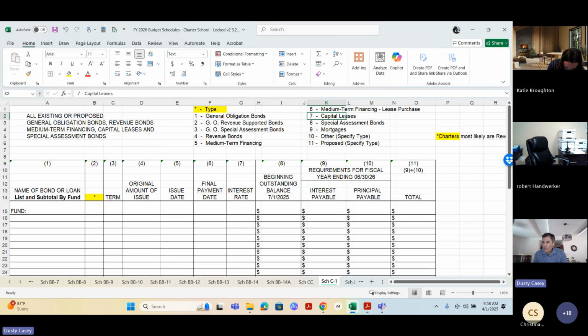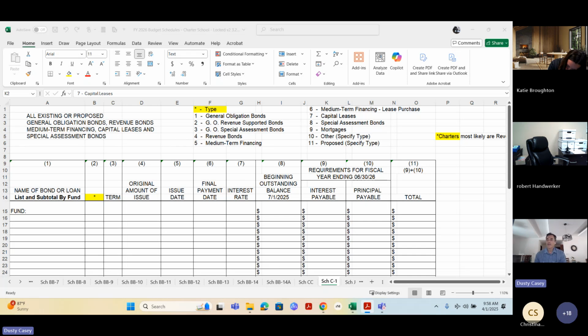And in your instructions, and I'm going to go to that tab and point it out, what it says for Schedule C1 is that outstanding amounts on capital leases should be included on this schedule if the obligation represents sums due on lease/purchase agreements where the benefits and risks of the ownership are those of the school district.